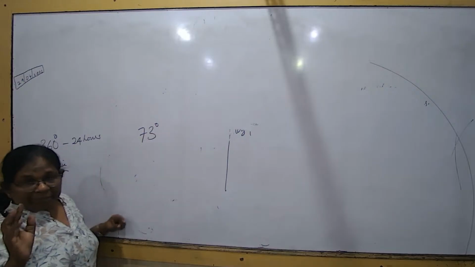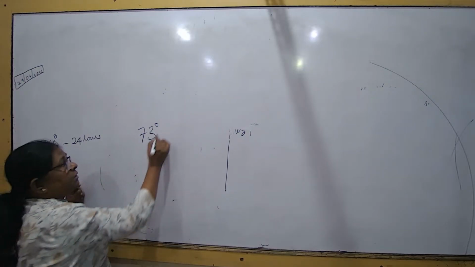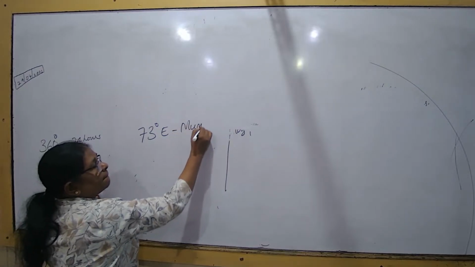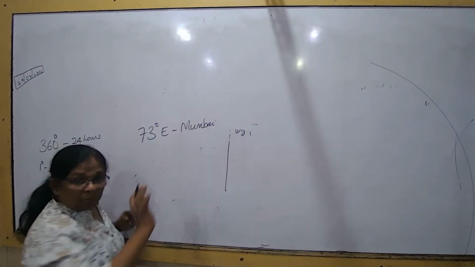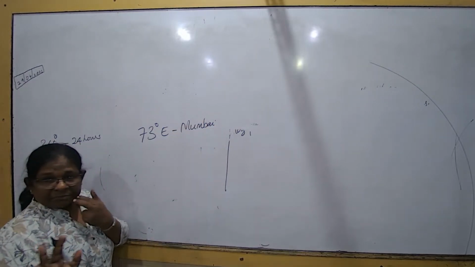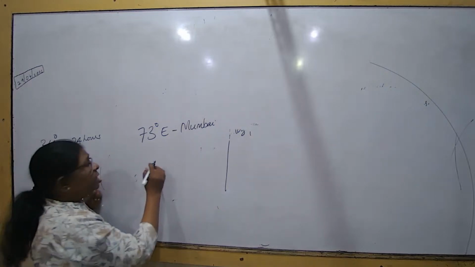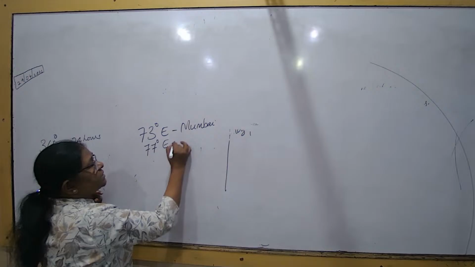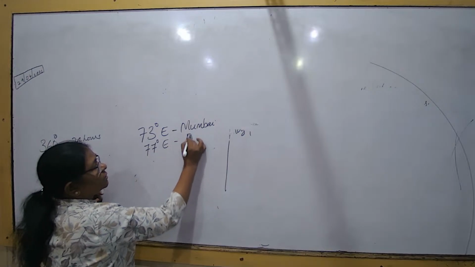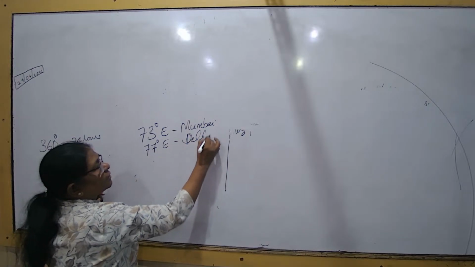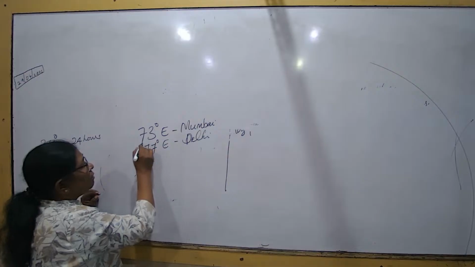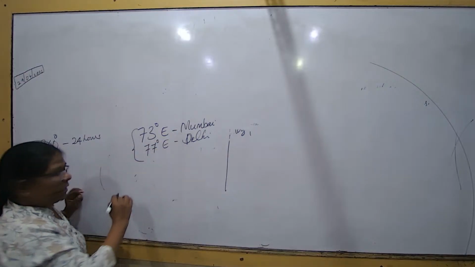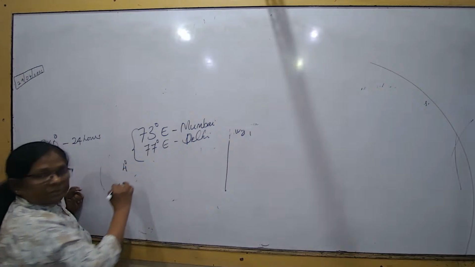You have to be very careful with this calculation. 73 degrees is Mumbai. Both are in the eastern hemisphere. Now 77 degree east is Delhi. Now, how much is the difference between Mumbai and Delhi? 4 degrees.